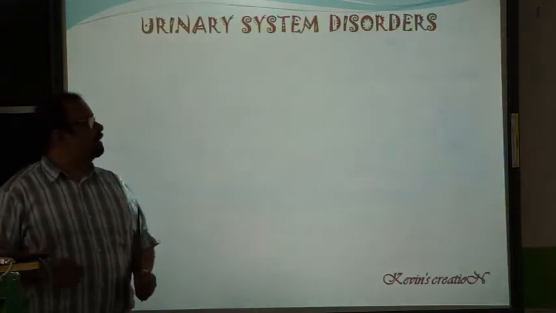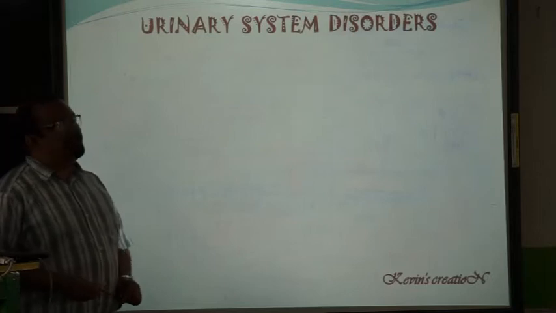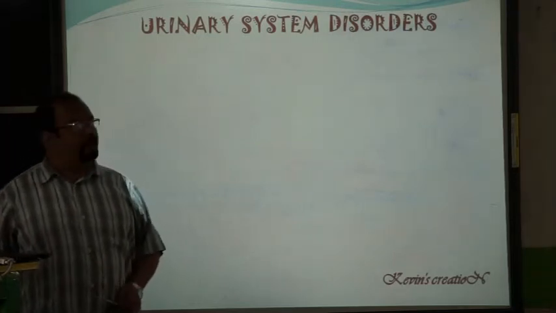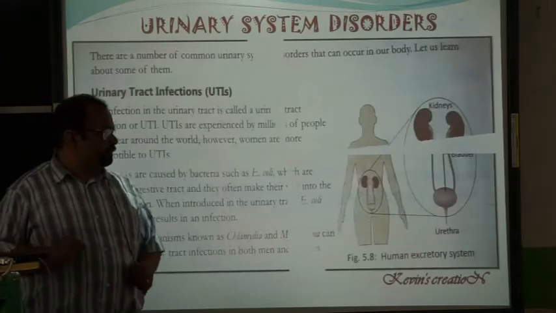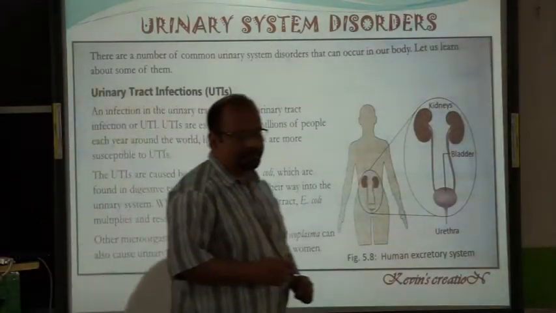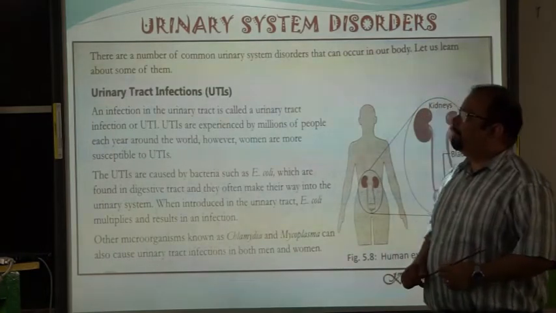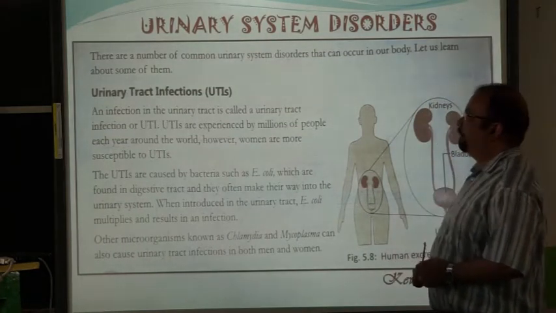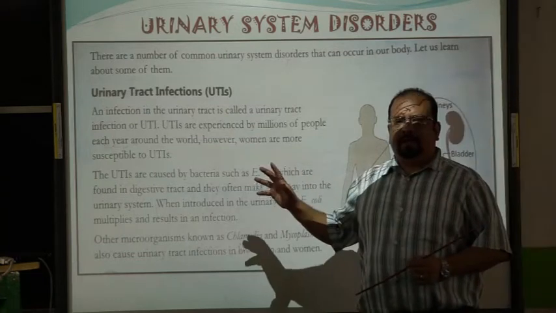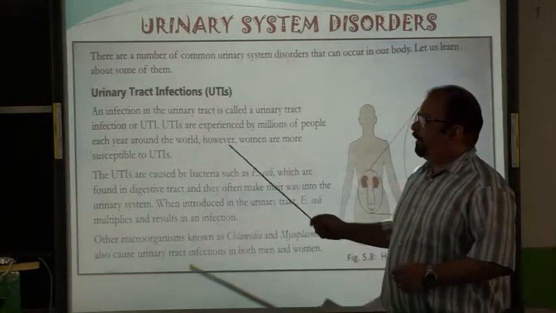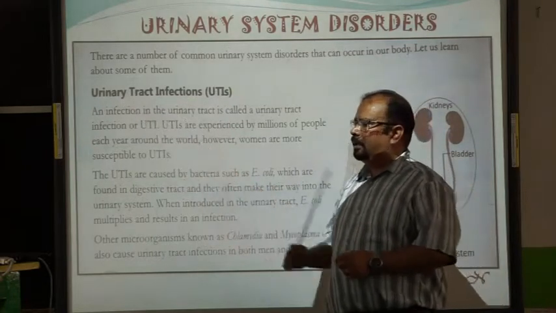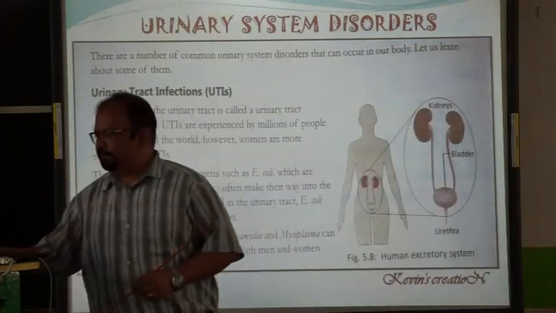Now let us start urinary system disorders. These are the common terms for all the problems. There are a number of common urinary disorders that can occur in our body, but we are going to learn a few of them. So first is UTI, urinary tract infection.